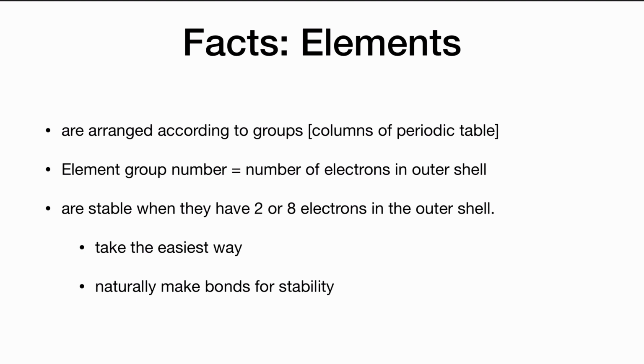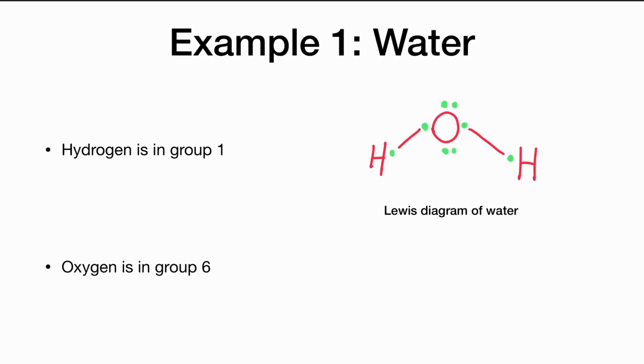An example of this is water. If you consider hydrogen is in group 1, which means hydrogen needs just one extra electron in order to gain the status of having 2 outer electrons. Notice oxygen, on the other hand, belongs to group 6, which means it needs 2 more electrons.